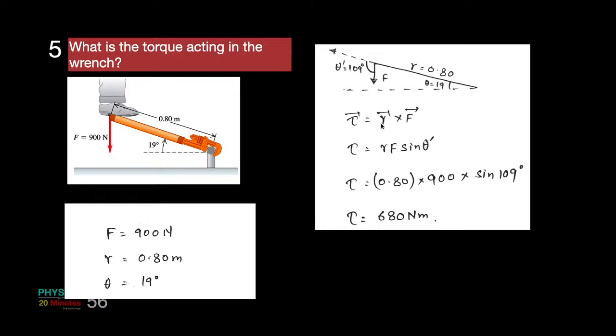vector tau is equal to vector r cross vector f, or magnitude of torque is r f sine theta, or theta prime. Remember, in this we have to look at the angle between r and f.